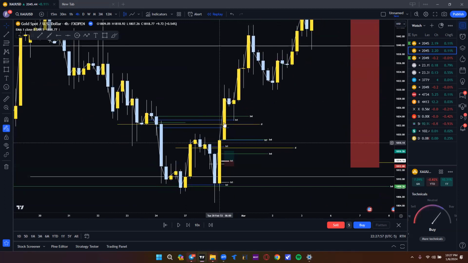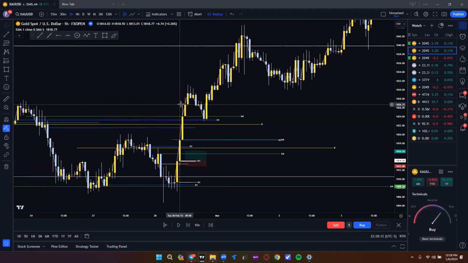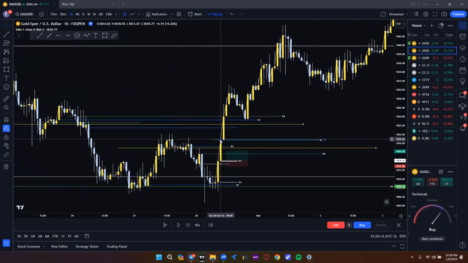Daily is bullish, because daily closed above the H4, H1 level. But before that even happened, we could get an earlier sign on H1. H1 closed above these daily levels.